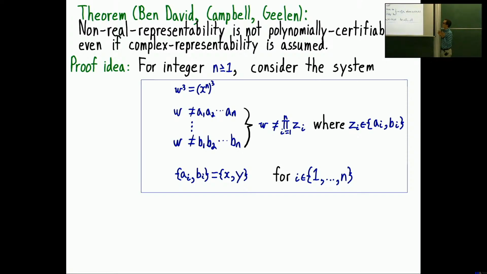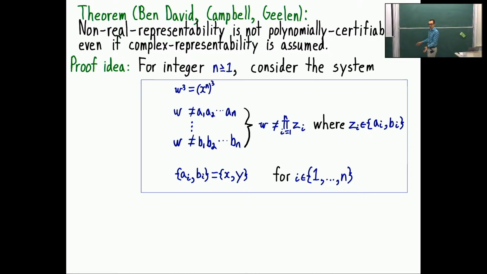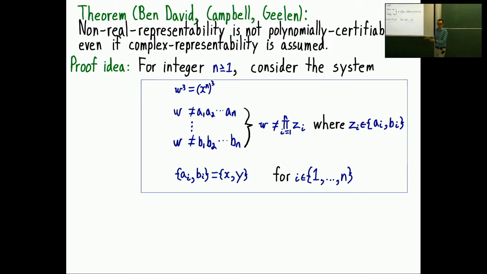So if you give me all but one of these non-equalities, it's possible that this non-equality is the one. Without loss of generality, if you give all but the first one, then it's possible that in this case, AI is x for all I.